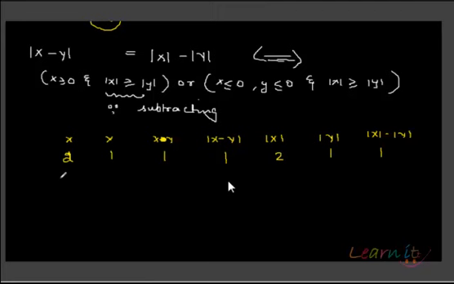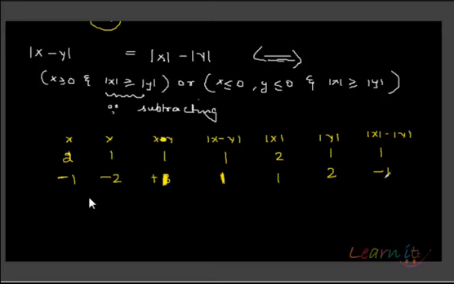Okay. Now, if you take the other case when x and y both are negative, we can take -1 and -2. That will make the difference, in fact, +1. Sorry, in fact +1. So the modulus of the difference will be 1. Again, modulus of x will become 1, modulus of y will become 2.